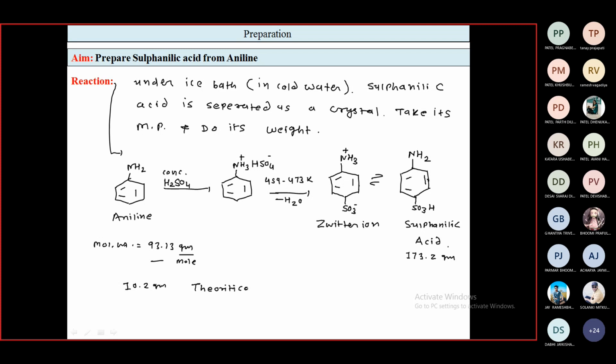Theoretical yield: 93.13 gram gives you 173.2 gram, so 10.2 gram gives how many?